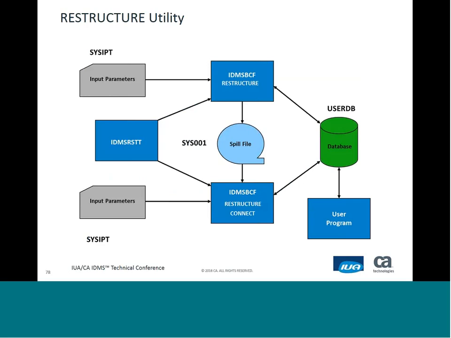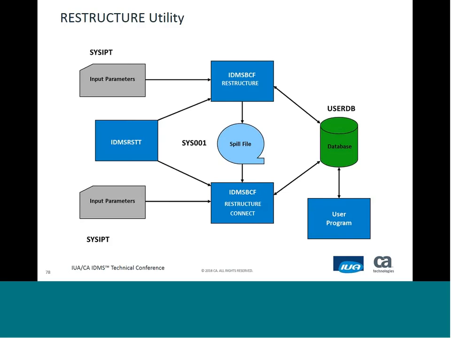So some of those have been left off of this diagram just to keep it from being too cluttered. The Restructure utility and Restructure Connect utilities are actually utility statements, so they run under the control of IDMS BCF. They run locally. So your program will execute IDMS BCF, and the input statements through SYSIPT indicate the fact that you're executing Restructure or Restructure Connect.